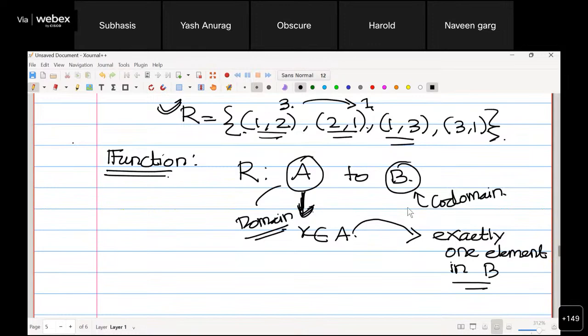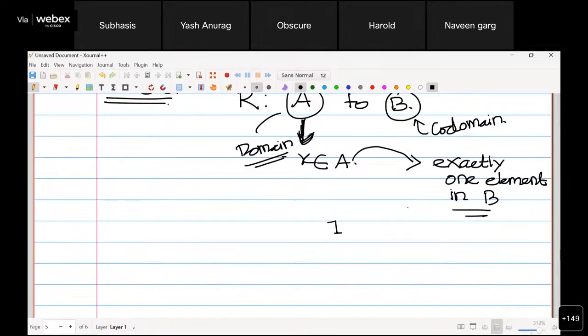So as you can see, exactly one element, that means 1 cannot go to 2 and 3. This is not allowed. 1 can only go to 2, and if 1 is going to 2, then it can't go to any other elements. So this is basically the difference between relation and function.